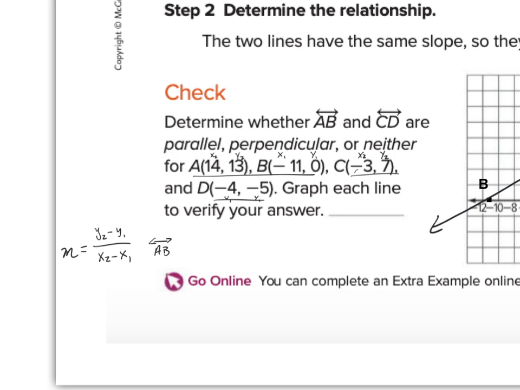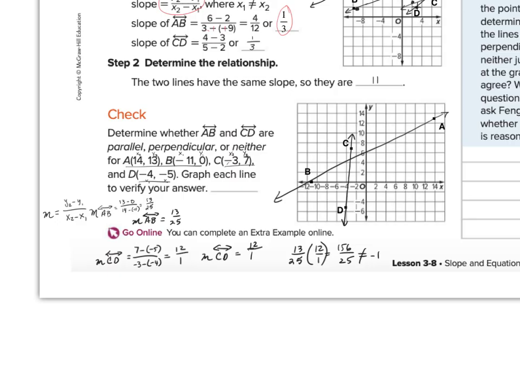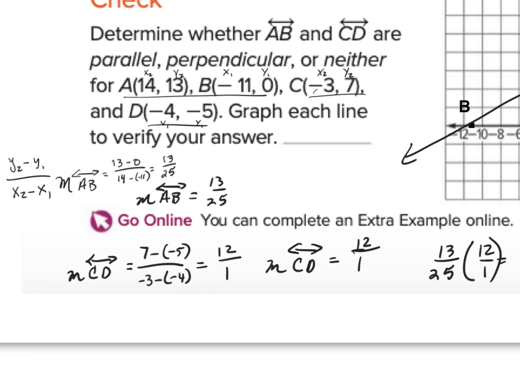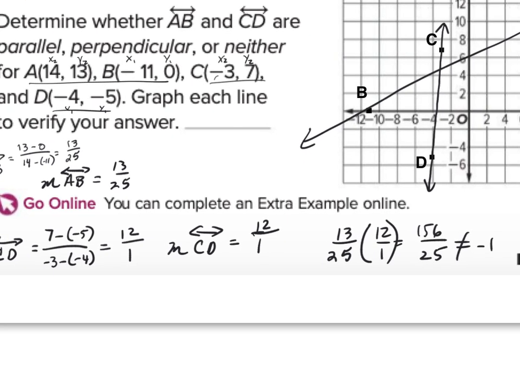AB. Okay, so when you go to verify that, I plugged the points A and B into my formula, and I came up with 13 over 25. So the slope of line AB is 13 over 25. When I did the same thing for C and D, the slope of CD is 12 over 1. And then remember, you could check it.